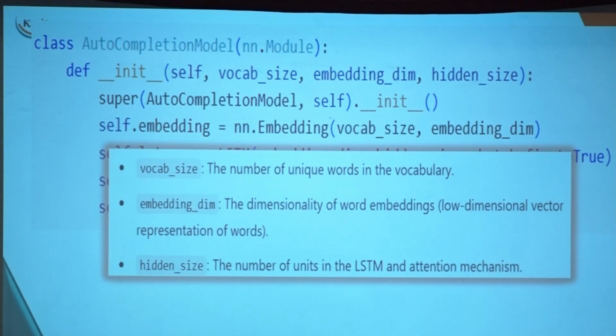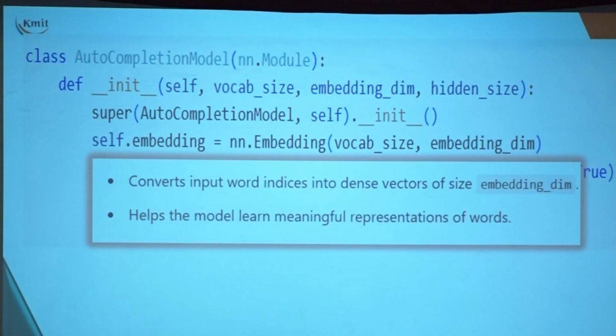Embedding dimension means the dimensionality of the word embeddings that you want to take. Hidden size is the number of units that you are taking in the LSTM that we are using here as a neural network. Once you pass these parameters, what will happen?